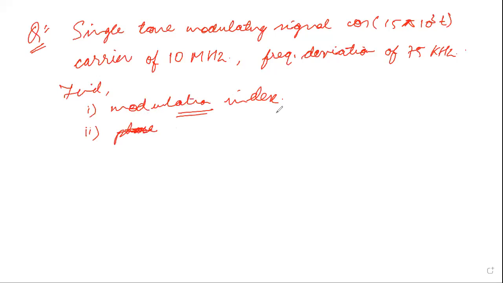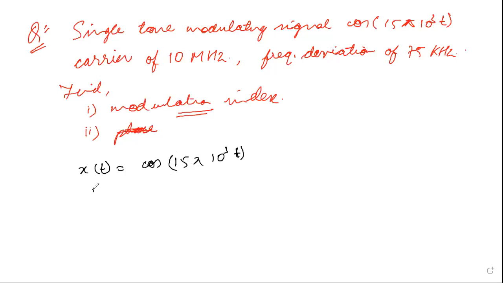So what data do we have? Single tone modulating signal cos 15 pi 10 to the power 3t. From the equation of the modulating signal itself, what can we calculate? We have xt given as cos 15 pi 10 to the power 3t.